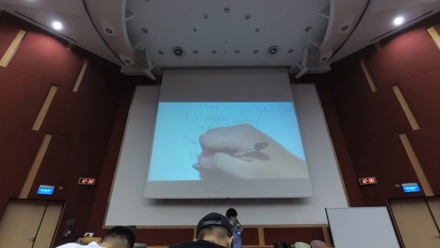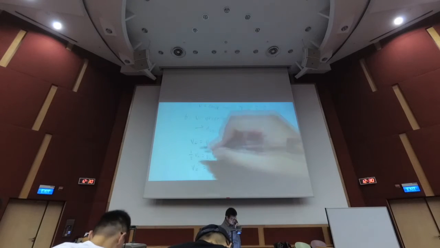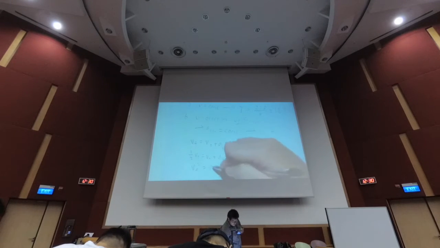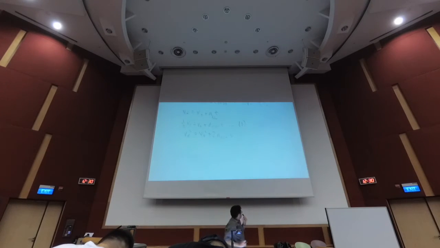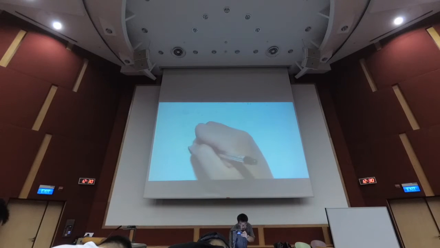We can use, for example, this one: Vf squared equals v0 squared plus 2as. Again, the final speed Vf is half v0.